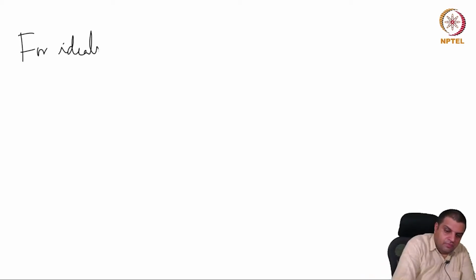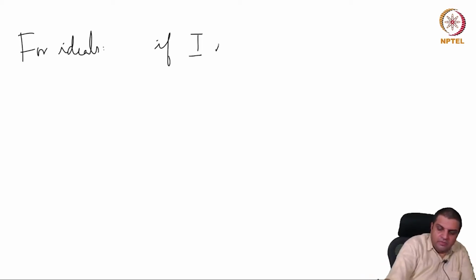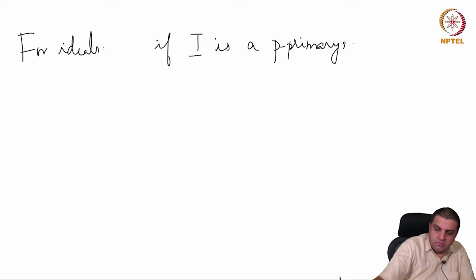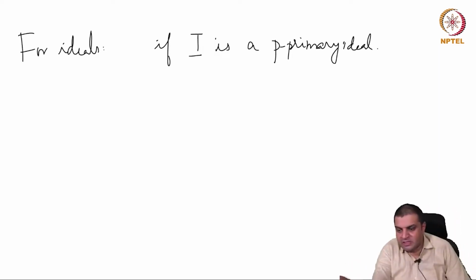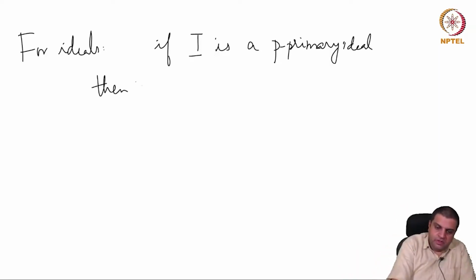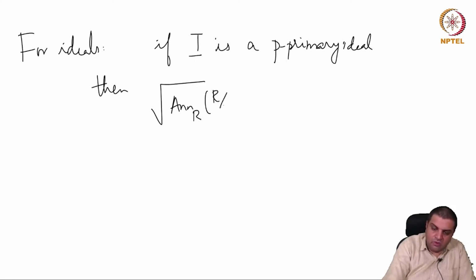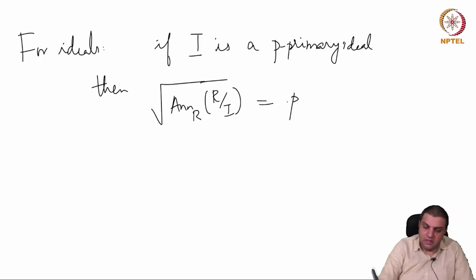If I is a P-primary ideal, meaning a P-primary submodule of R, then the radical of the annihilator in R of R mod I is P. But the annihilator of R mod I is just I itself.